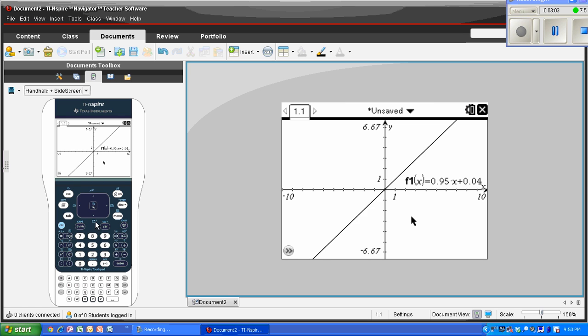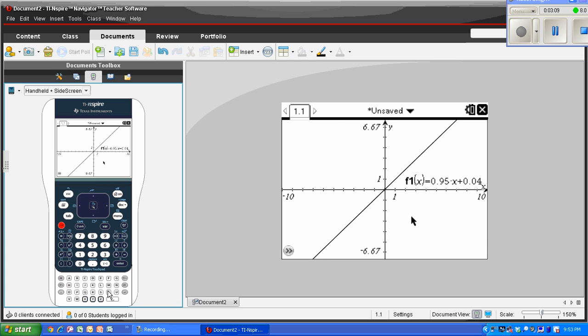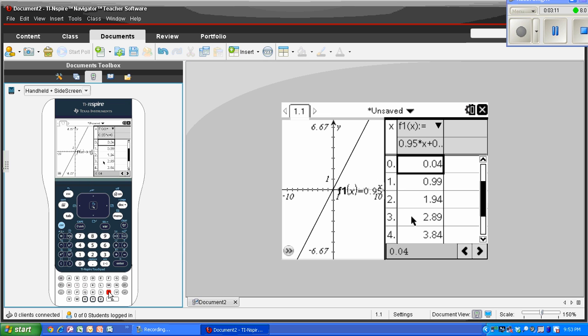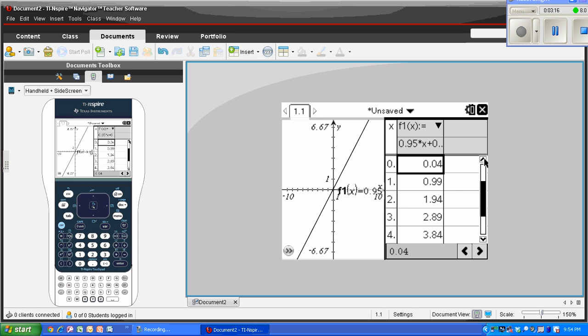But I would like to show you that with all this, kids can also press control and T, and they can see the table, and they can move up and down the table and make some connections. Another thing I want to show you, look at this one. This graph is not highlighted and this table is highlighted.